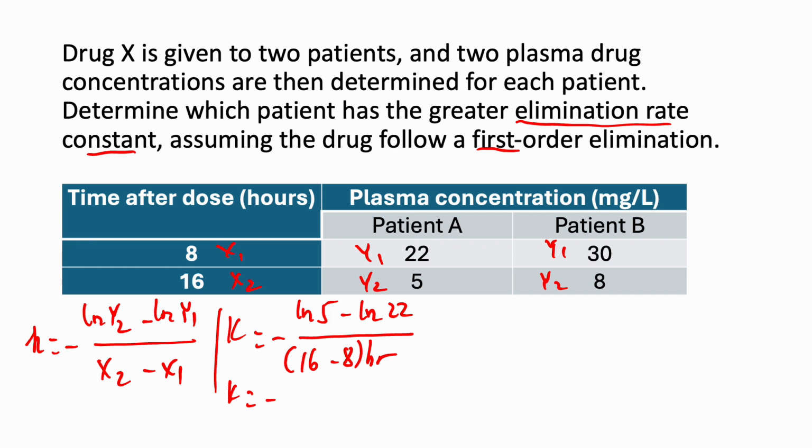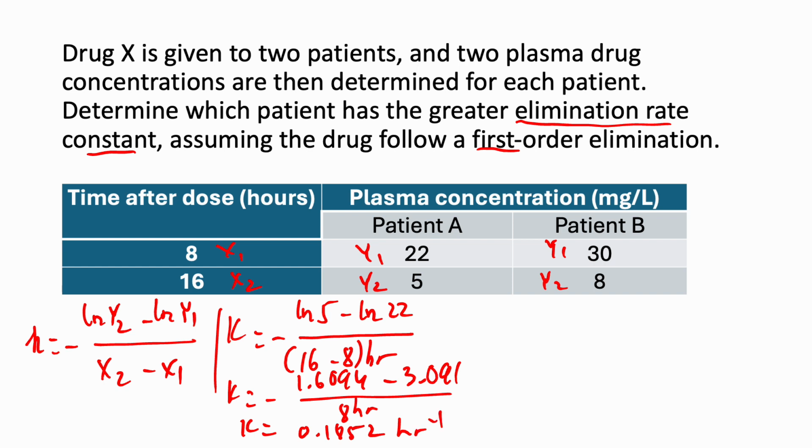So K equals negative, natural log of 5 is 1.6094 minus natural log of 22 is 3.091, divided by 16 minus 8, which is 8 hours. So K is equal to 0.1852 per hour. This is for patient A.